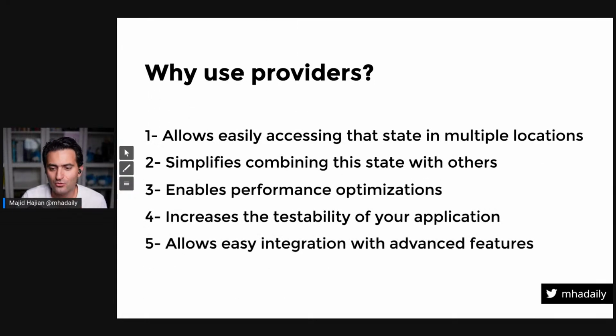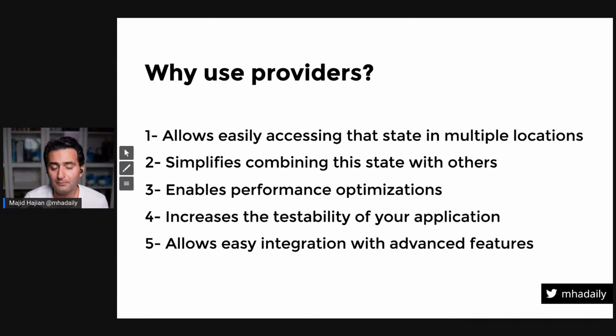There are reasons that you might want to use these providers. For example, if you want to access these states or these providers in different places, you can think of it as dependency injection. One nice thing is that here you are not really dependent on build context. That's actually very nice for those who are struggling with the build context.